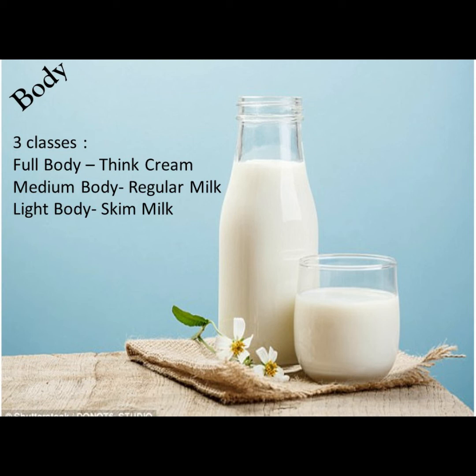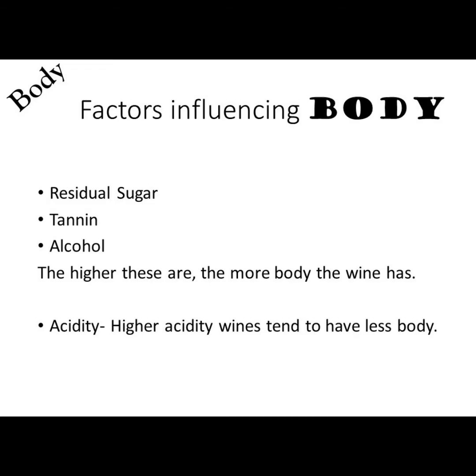The heavy cream clearly has more body than either the whole milk or the skim milk. Any addition of sugar, alcohol, or tannin will make a wine feel heavier, but if you increase the amount of acidity, then it will lower the body, and it'll have a lighter body.